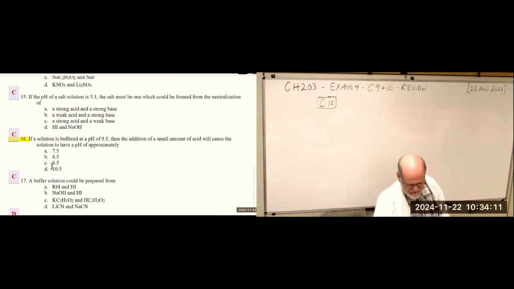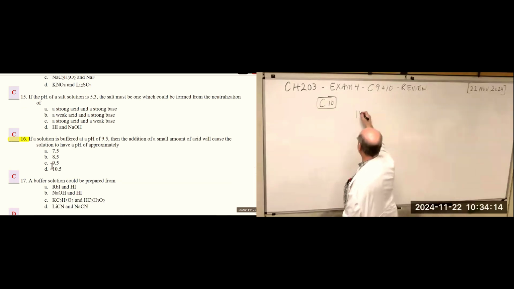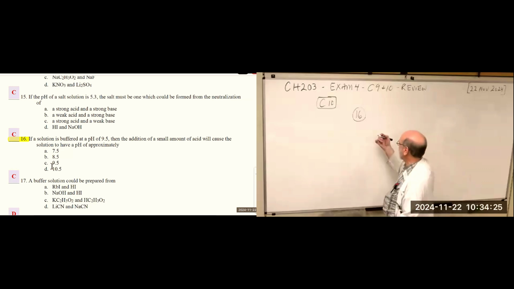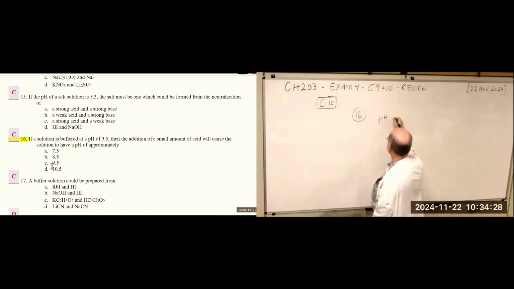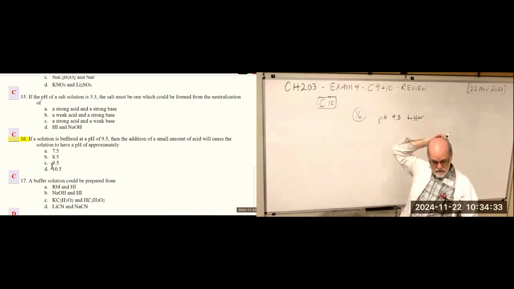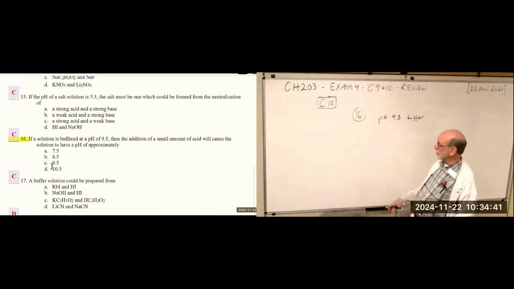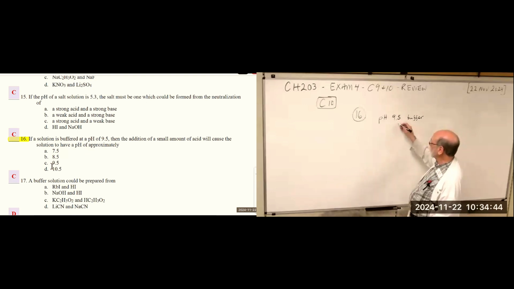All right, let's see, 16. This one's starting to get too weak. If a solution is buffered at pH 9.5, then the addition of a small amount of acid will cause the solution to have a pH of approximately... A small amount of acid will drive this toward the acidic side, but not very much.